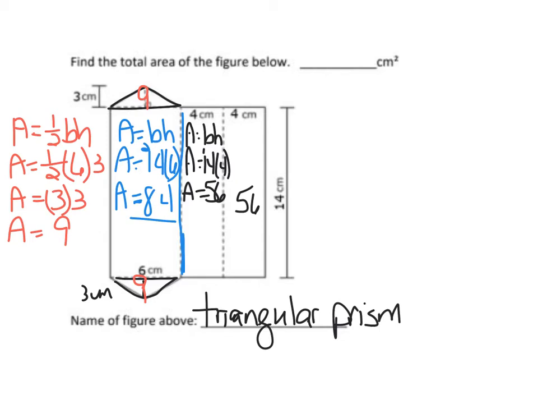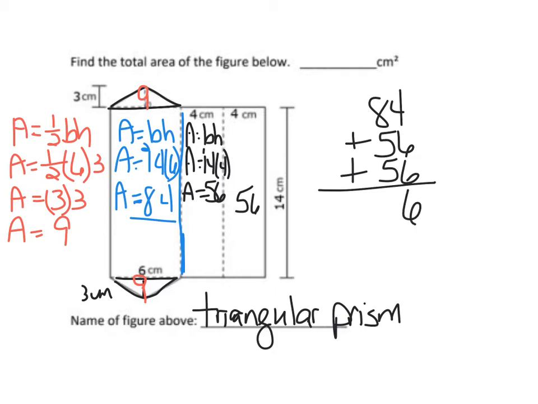So then all we have to do is add them up. So we have 84 plus 56 plus 56. And I'm going to stop there because then it's too many numbers. So 6 plus 4 is 10 plus 6 is 16. 8 plus 1 is 9 plus the 10 that we have here is 19. And are we done?